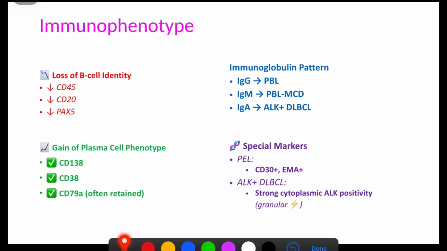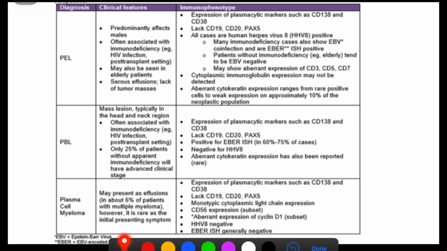If we see immunoglobulin pattern, IgG is positive in PBL, IgM in PBL MCD, IgA in ALK positive DLBCL. Special markers in primary effusion lymphoma are CD30 positive and EMA positive, whereas ALK positive DLBCL shows strong cytoplasmic ALK positivity which is granular in nature.